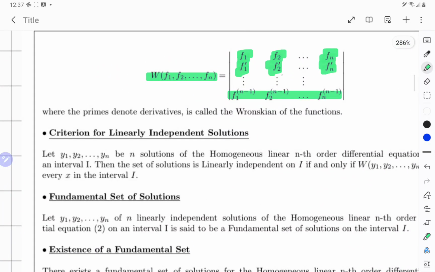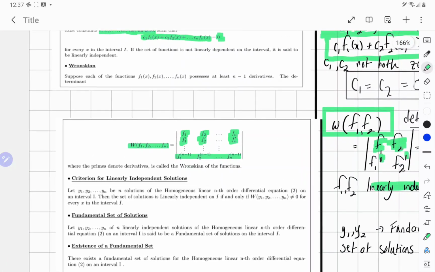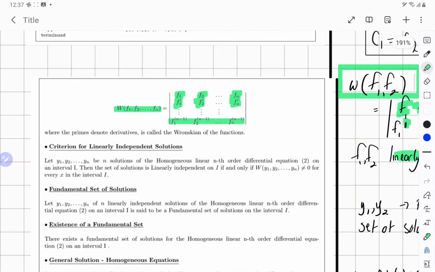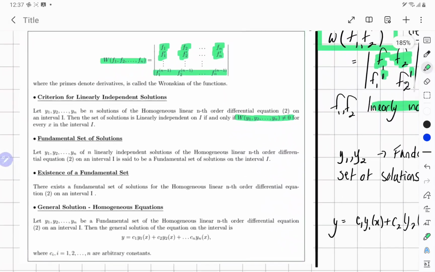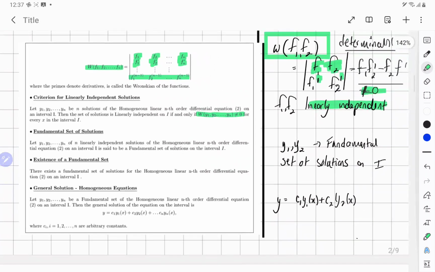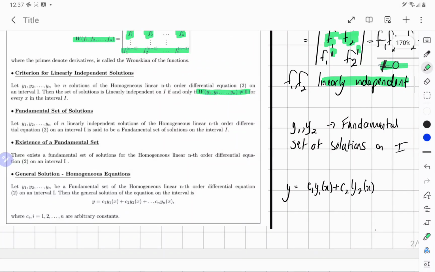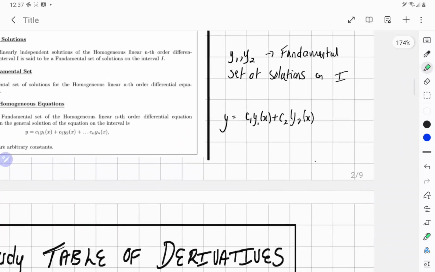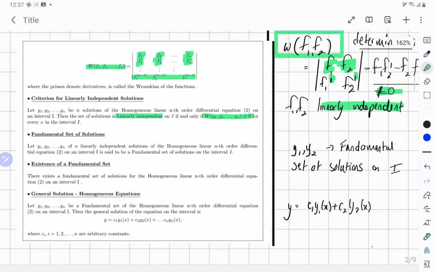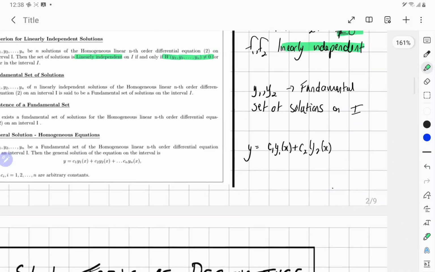Now, if I do my determinant here and I get that my determinant is not 0, then I know that all my solutions are linearly independent. And we are interested in linear independence, not dependence. More on that later in examples.